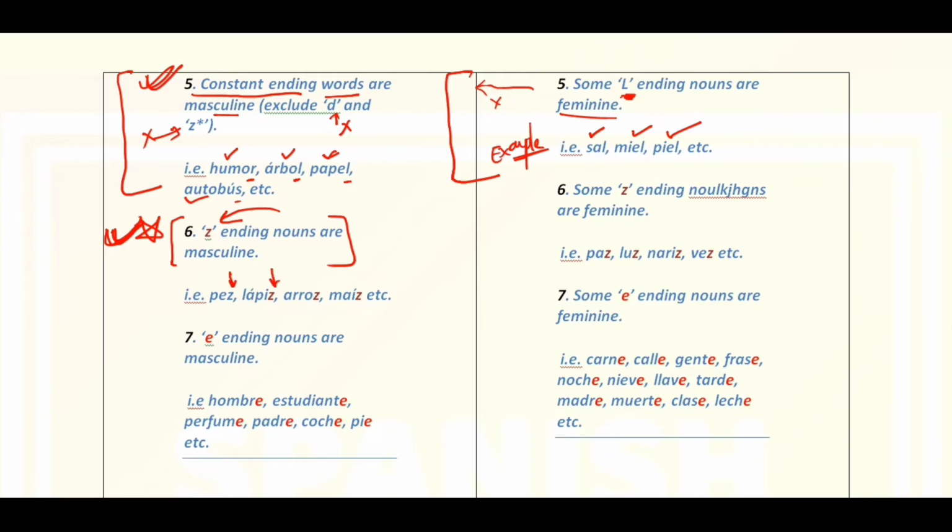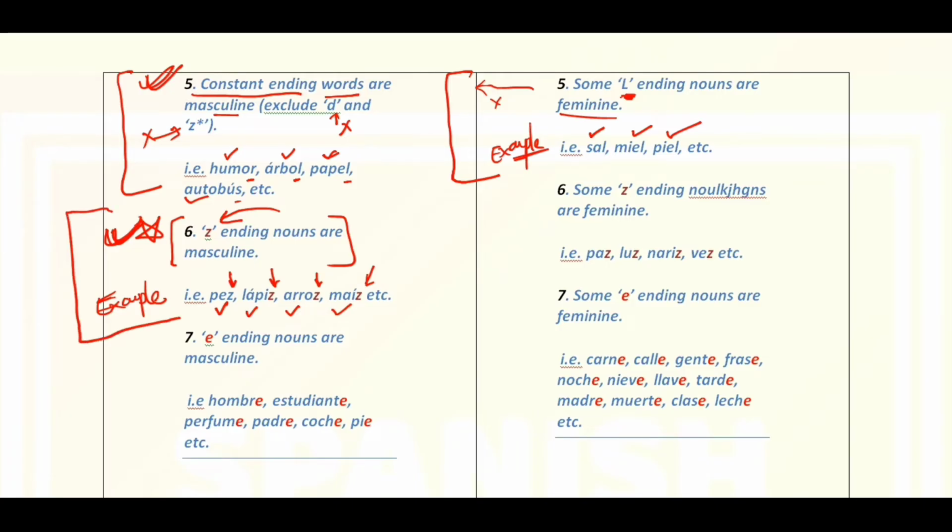You can see the ending Z everywhere. So these are 4 examples written. First is pez, fish; lápiz, pencil; arroz, rice; maíz, maize. These are 4 examples. All are Z-ending nouns, but masculine in nature.